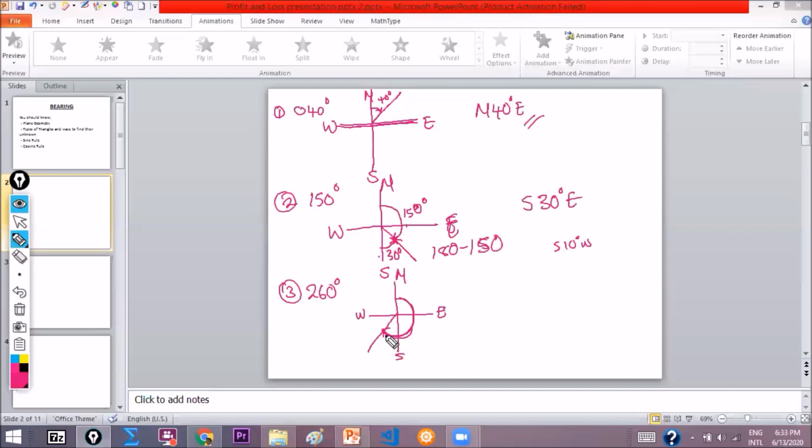Remember that in compass bearing, it has to start either from the north or south. So the angle on compass bearing will be from this here to here. This will be the angle on compass bearing. And what is this angle from here to here? If from here to here is 260, from here to here will be what?